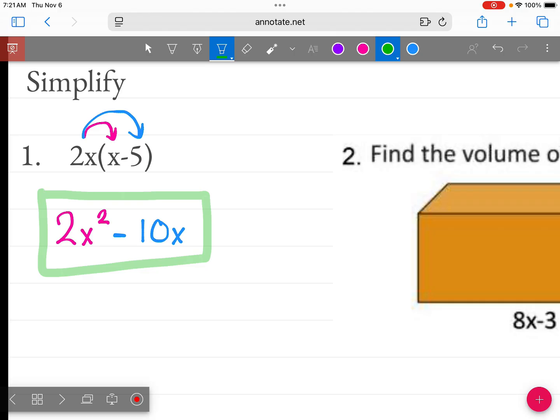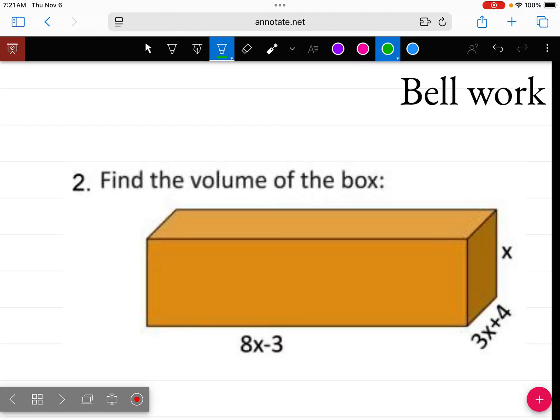That one's very short. The one on the right, not as short. Because this requires us to remember a smidge of geometry, just a smidge. Because how do we find the volume of a box? Length times width times height.